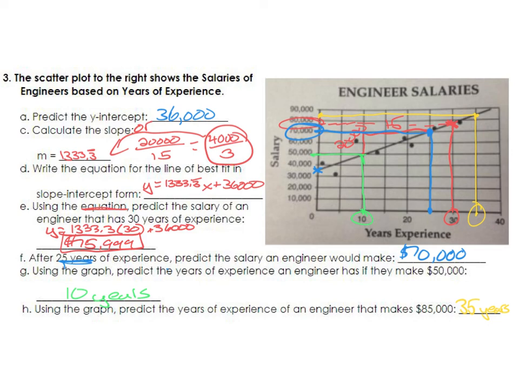Based off of the numbers I estimated, hopefully yours is pretty close to that 36,000 and slope. Some of these might not always match up, but they should be pretty close depending on how you interpret the graph.